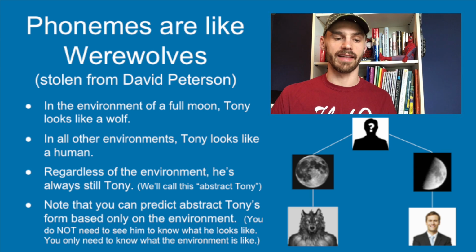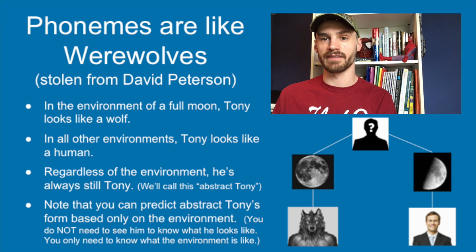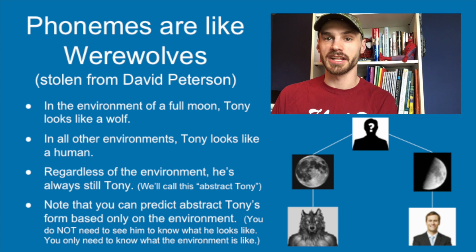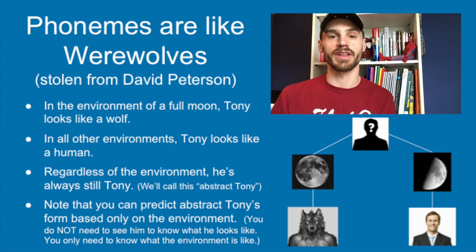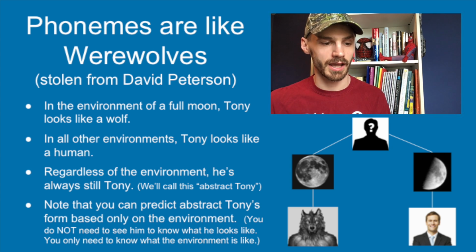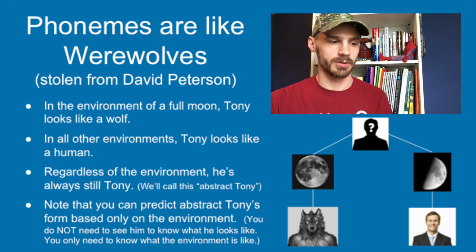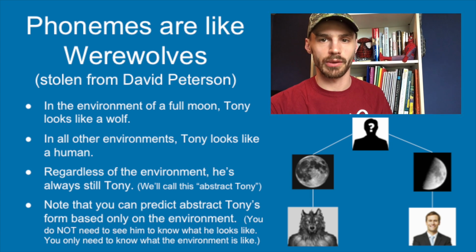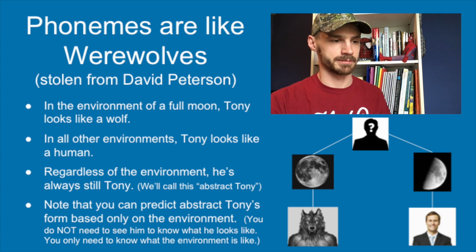And if you know that abstract Tony is currently in the environment of a sunny day, then you have a for sure knowledge that Tony is currently in his human form. So that's what I mean by this is predictable. You can always predict what Tony will look like in a given moment based off of his environment.